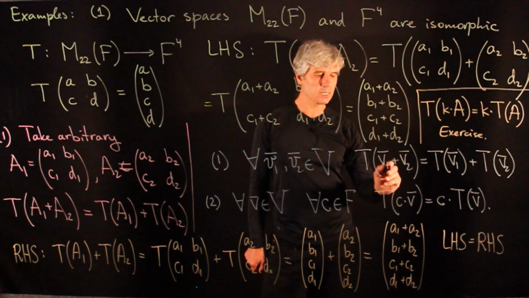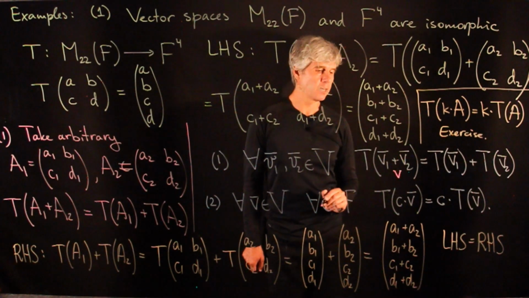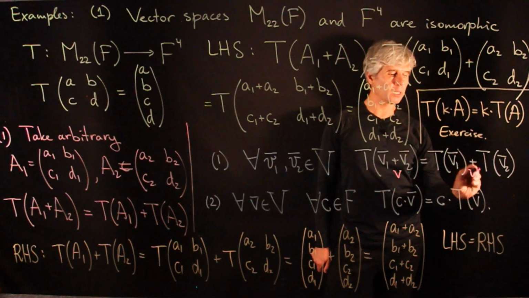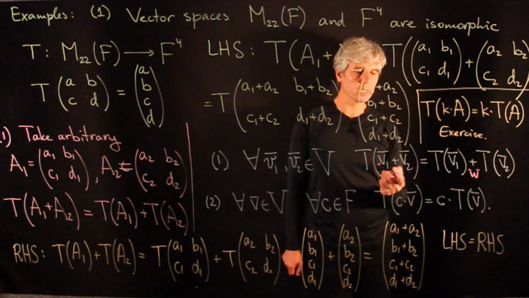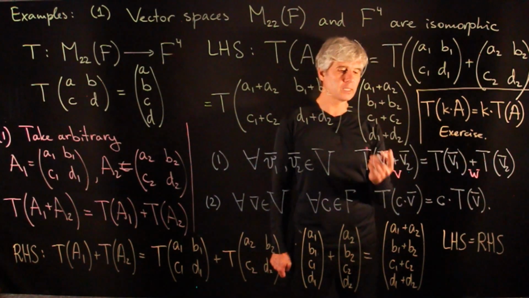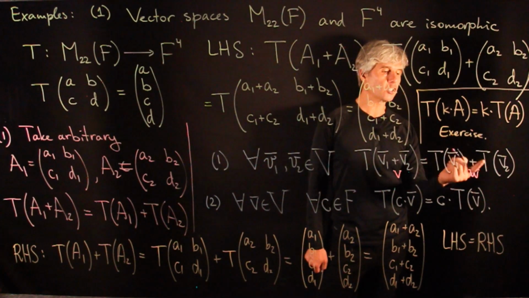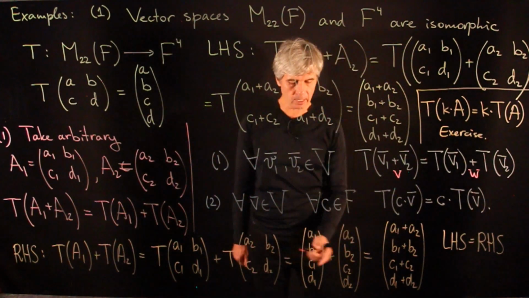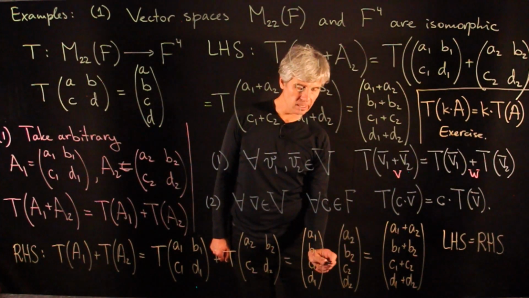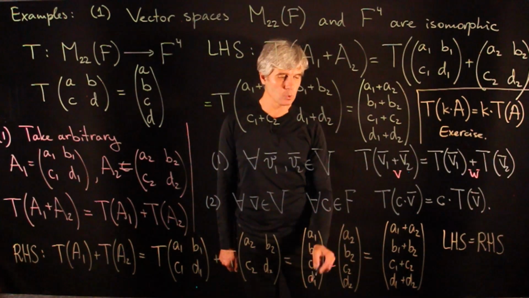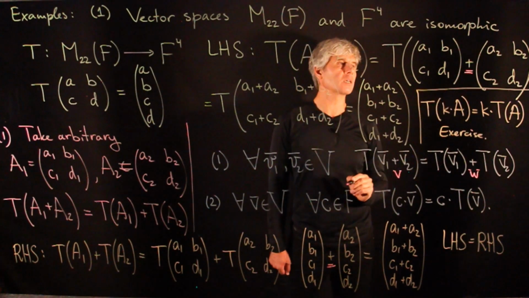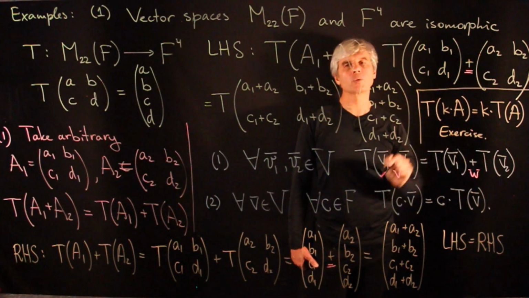So here in the left-hand side, this addition operation is carried out in the space V, whereas in the right-hand side, the same addition is carried out in the space W. And here we essentially show that addition in V corresponds to addition in W when we apply transformation T. And so here in this example, we could see that this plus, we add two four-component vectors, whereas in this addition here, we add two matrices.